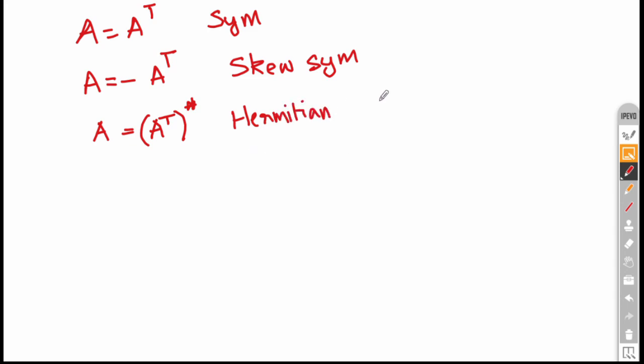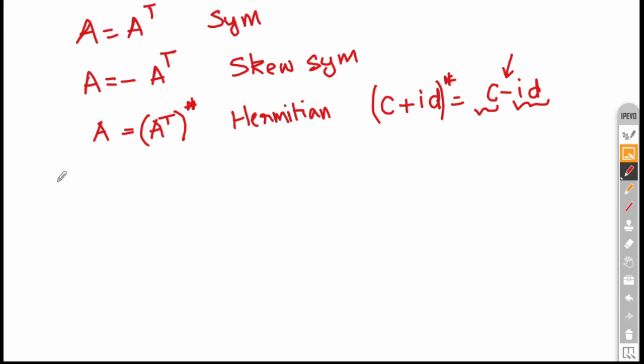Let's quickly discuss what this complex conjugate means. When you have a complex number c plus id, its complex conjugate is c minus id, where the imaginary part's sign inverts, while the real part remains the same.